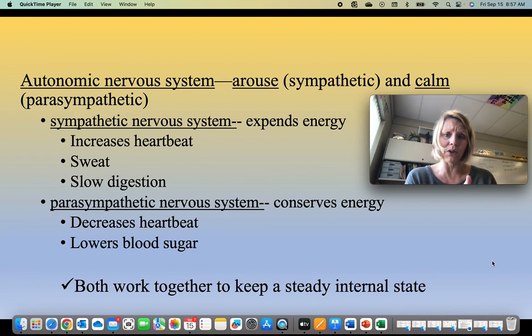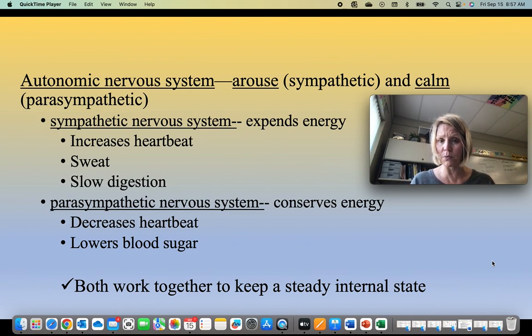We don't get to control this, the somatic system or the parasympathetic nervous system, the sympathetic nervous system or the parasympathetic nervous system. So both of these work together, and I want you to put this word in your notes and underline it. It's a good key term. Both the sympathetic and the parasympathetic system work together in a steady internal state known as homeostasis.